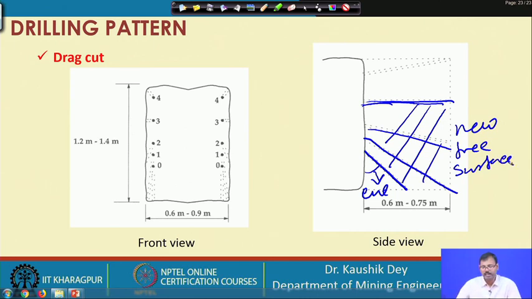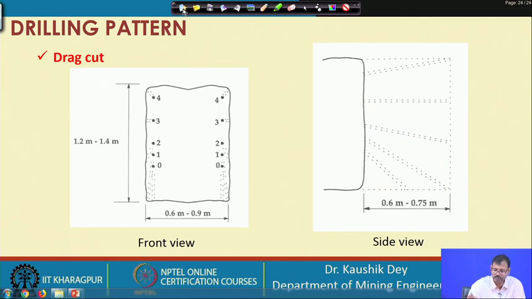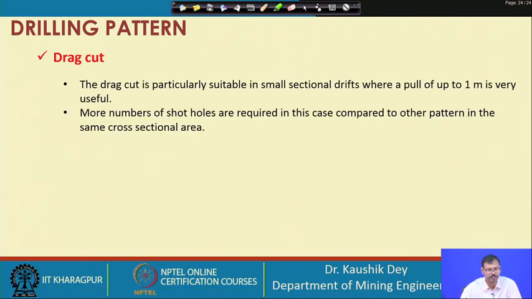So, in drag cut it is a half wedge cut where vertical wedge holes are drilled and a new free surface has to be created here. So, this is a special type of wedge cut, you can say, and drag cut is basically practiced where soft rocks are available.